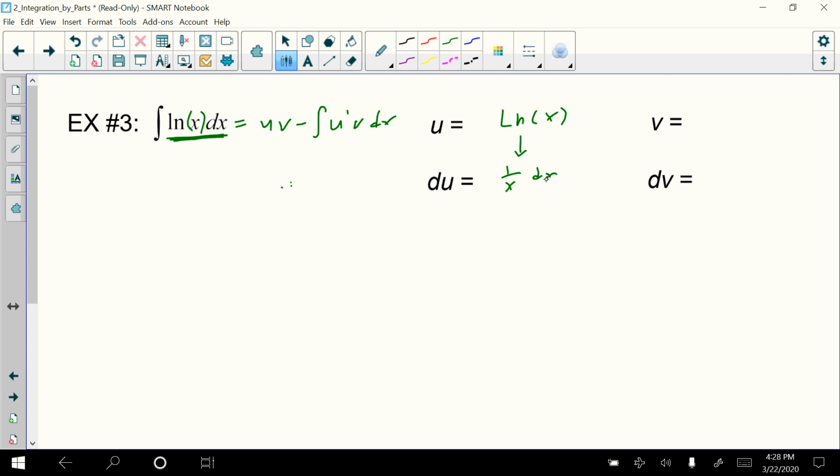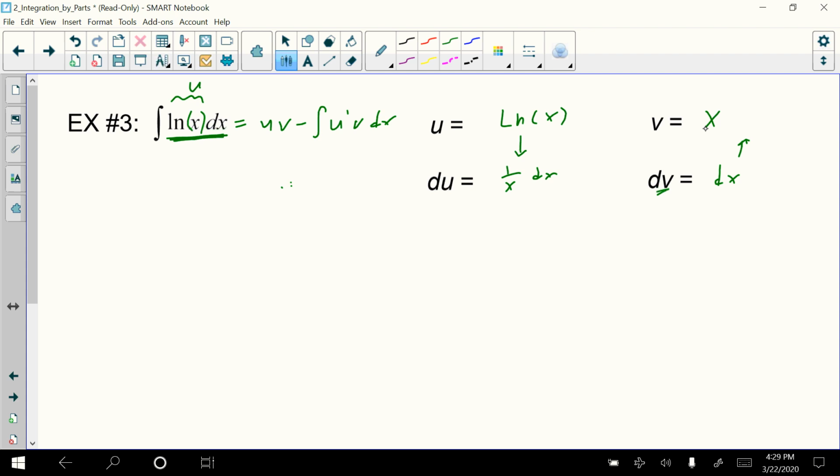So if this bit here is u, then the only thing that's left over to be the v prime, or dv, is going to be dx.